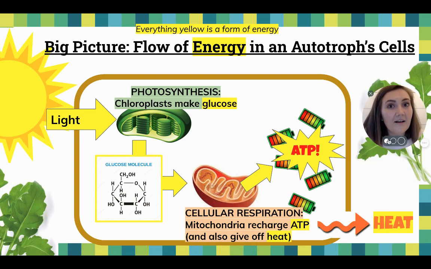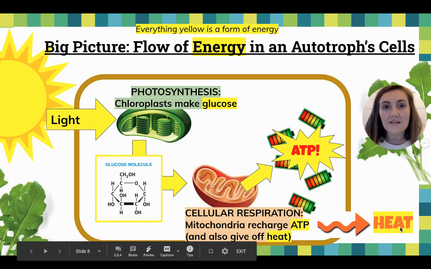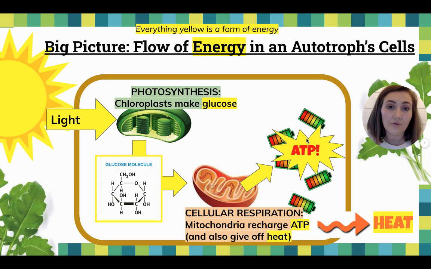Again, from ecology, we learned that 90% is lost as heat, and 10% is actually being transferred in the usable form of ATP. So the big takeaway here: autotrophs use both processes. They have to do photosynthesis first to make glucose, and then they use cell respiration second to actually break down that glucose and recharge their ATP molecules.